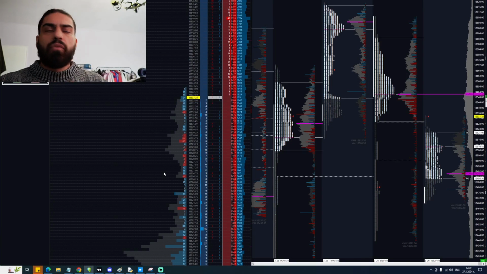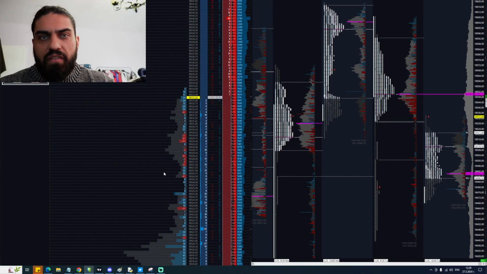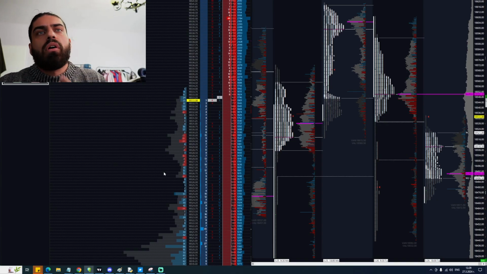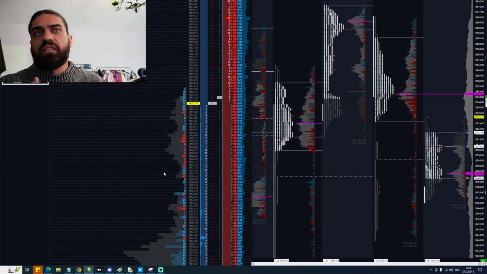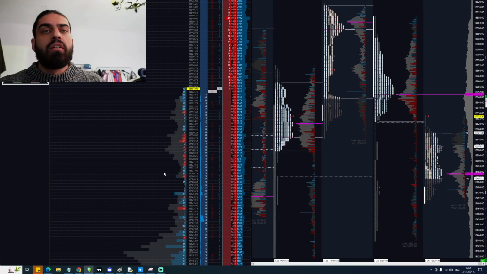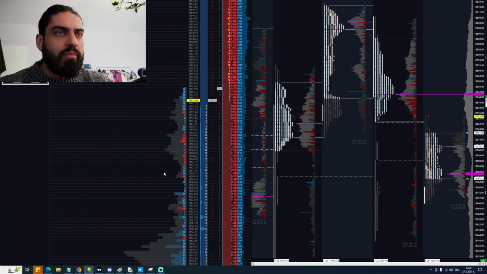So if we compare it to another asset like the S&P 500, the S&P is a much calmer and tamer market. To give you a better understanding of this, the Nasdaq on average moves about 250 points on a given day, right? On a given day, the general movement is about 250 points.